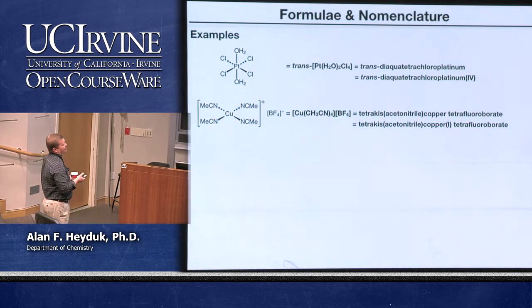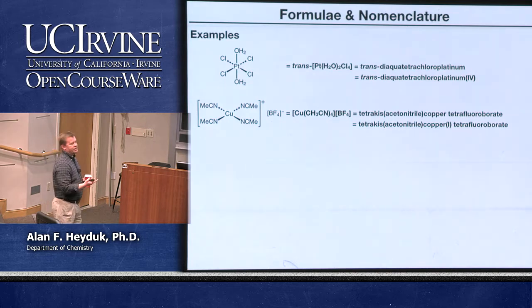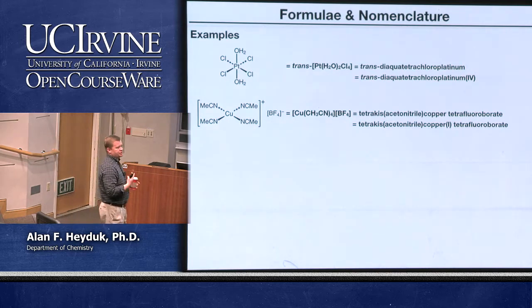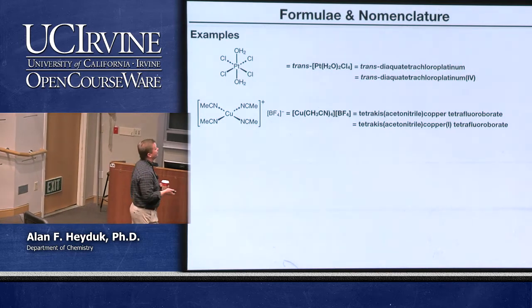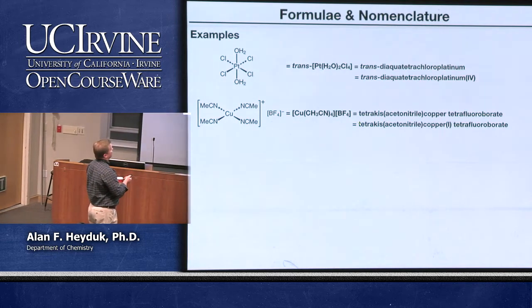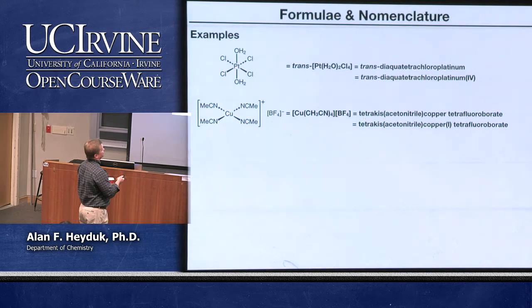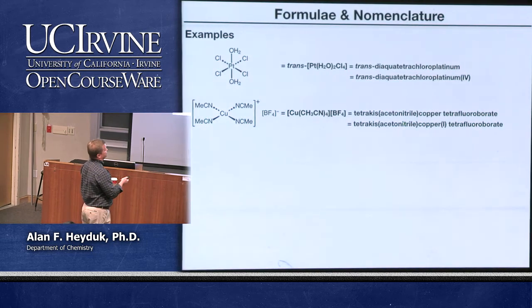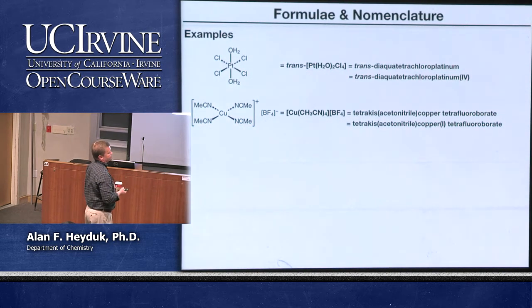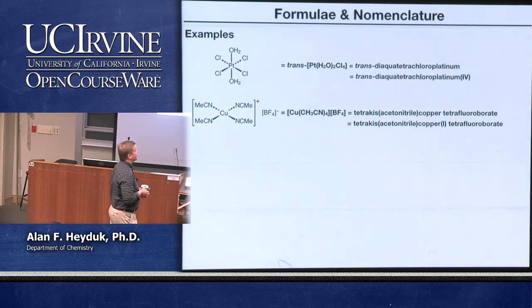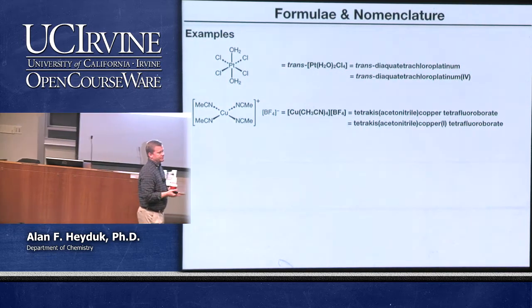Here's an example, and I'll tell you that it sometimes will seem very arbitrary to you, but you'll notice we're using the complex numerical prefix. So in this case, it's tetrakis acetonitrile copper tetrafluoroborate, not tetra-acetonitrile.